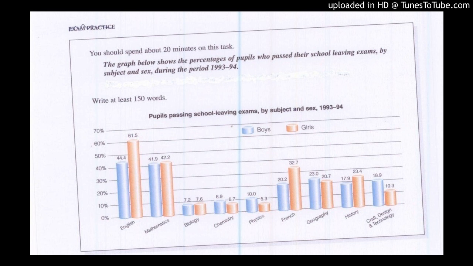So let's change this to, when it comes to chemistry and physics, however, the expectation is confirmed. Full stop. The gap between the sexes is marked. We don't say percentages of both sexes, just the gap between the sexes is marked. No full stop here. Let's continue and make this one sentence.